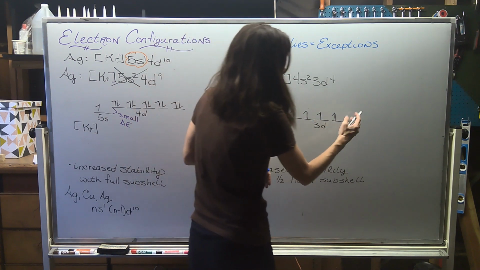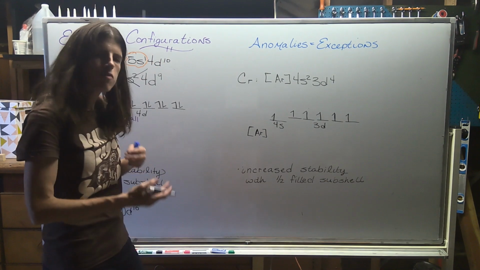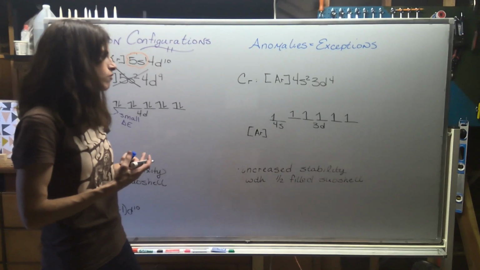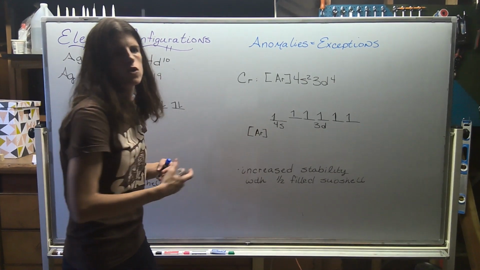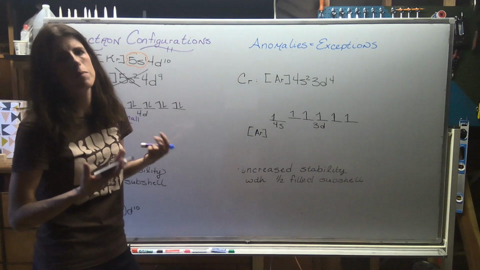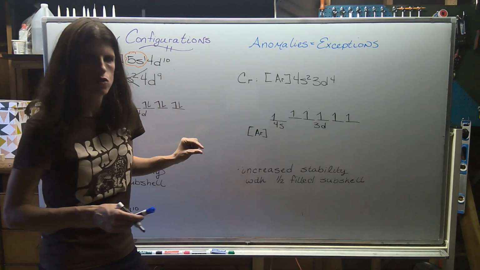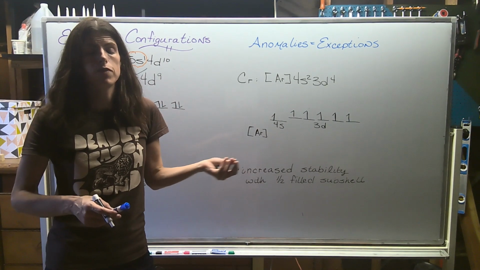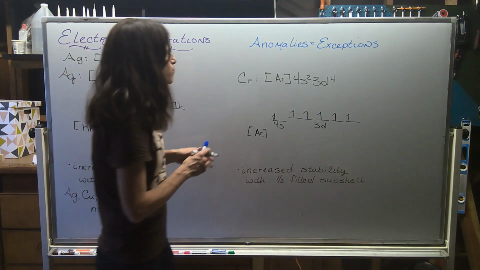So we have all singles. And we've minimized electron-electron repulsion by doing that, by giving everybody their own space. It's almost like the most extreme example of Hund's rule, right? And the energy difference is so small that we're thinking of it almost as a degenerate set of orbitals.